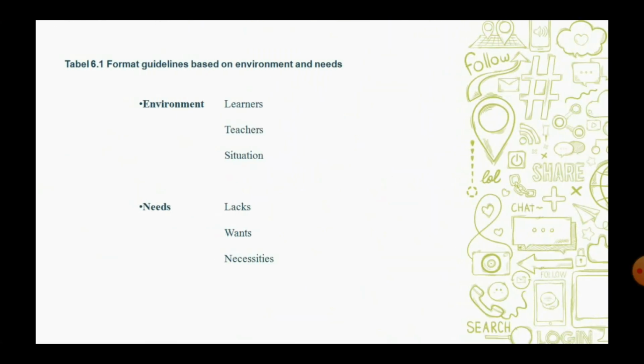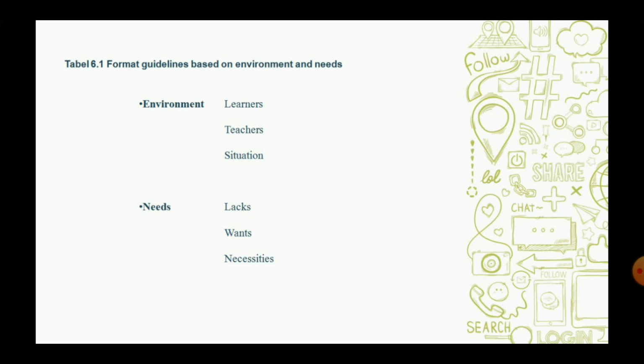And this is the environment for learners. First, the layout of the content should attract or interest the learners. Second, the learners should have the skills to do the activities. Third, the activities should take account of whether the learners share the same first language.